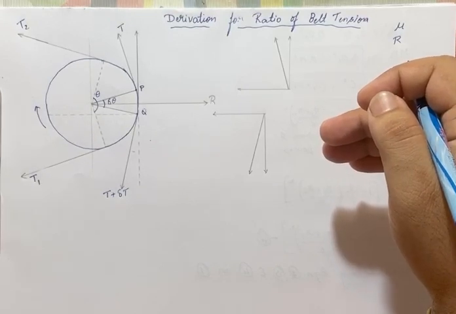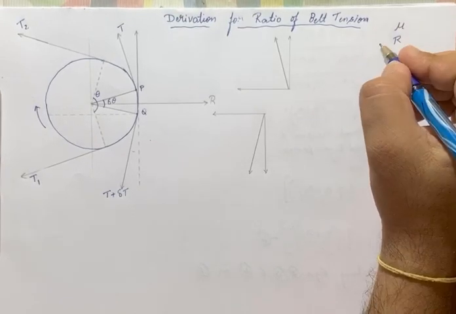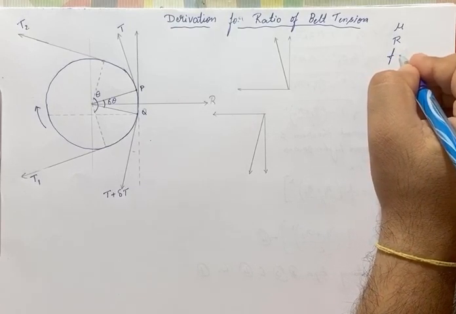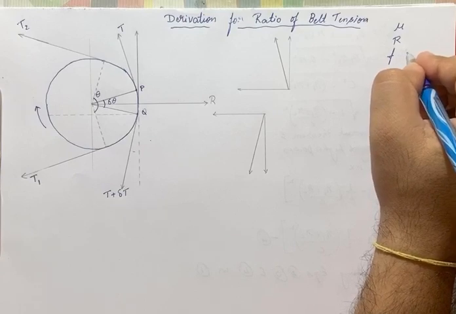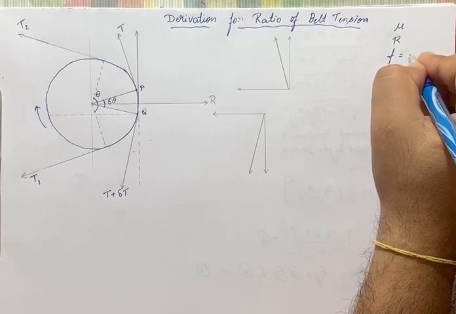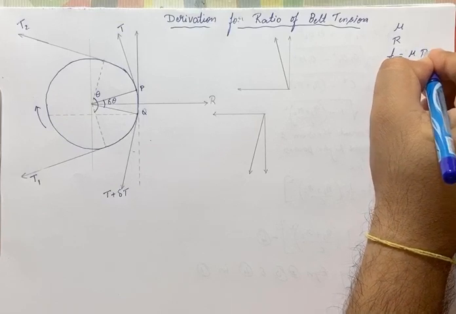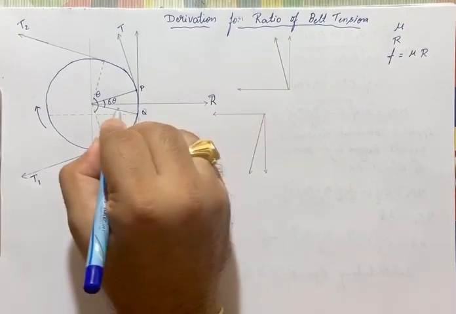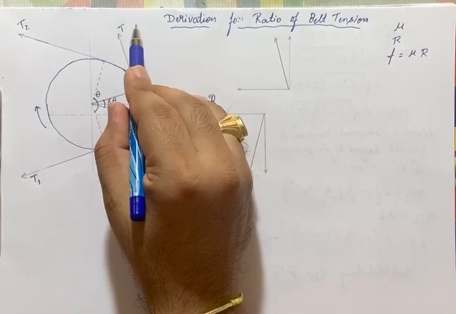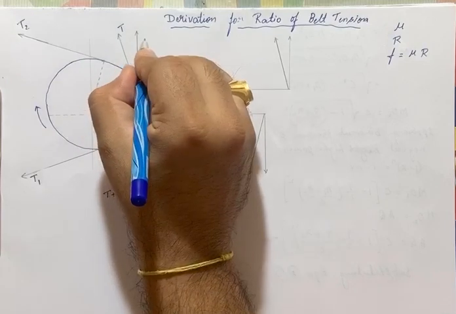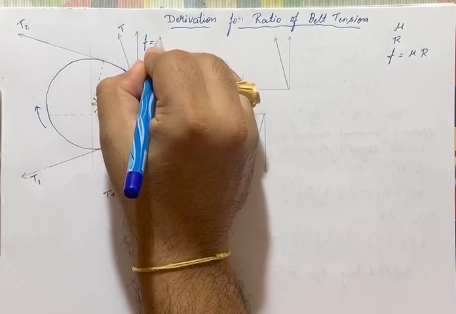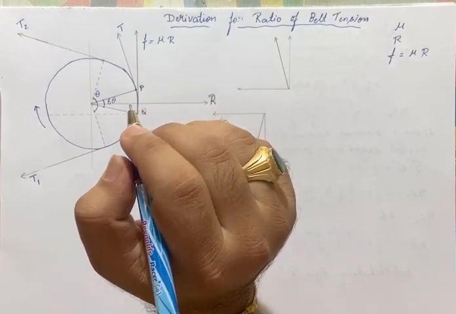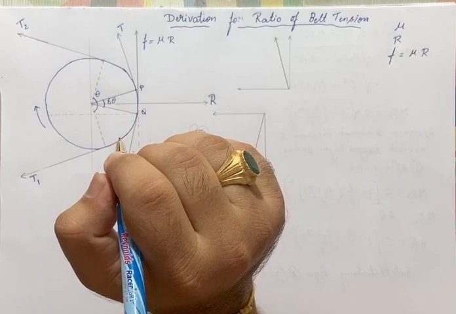The frictional force, which I will consider as F, acts perpendicular to the normal reaction R. So frictional force F equals mu into R. R is acting in this direction, and perpendicular to that we have the frictional force F equals mu R.